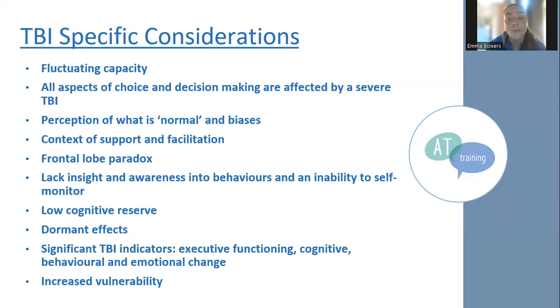Perception of what is normal and biases. So what I mean by this, I mean a few things by this really. So I have often been on files where either from the treating therapists or from the expert reports, it's suggested that a behaviour or a decision or a symptom is common within a low socioeconomic demographic, essentially.